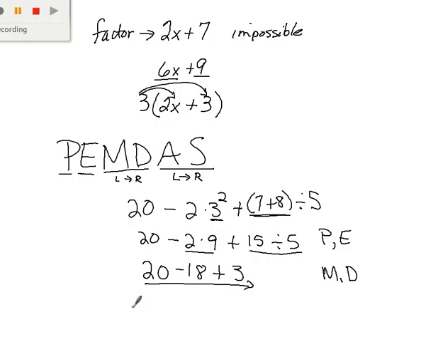So you do 20 minus 18 is 2, and 2 plus 3 equals 5. And your justification there would be subtract and then add. So make sure you're justifying your problems as you go along.